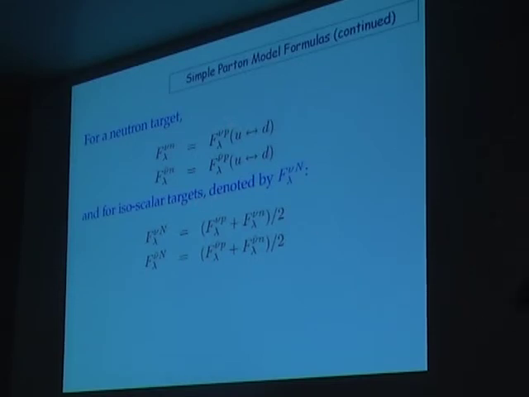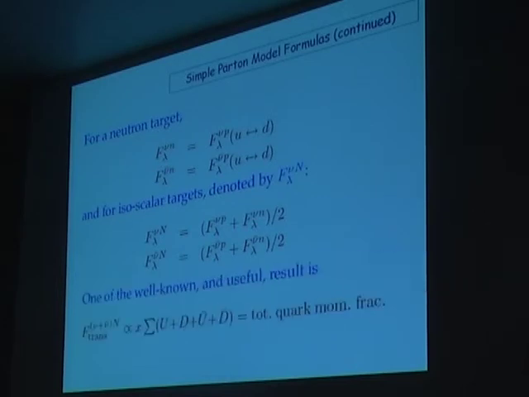So you just have to supplement the previous slide with these simple things, then you can get all sorts of simple parton expressions for measurable quantities, all in terms of these parton distribution functions.